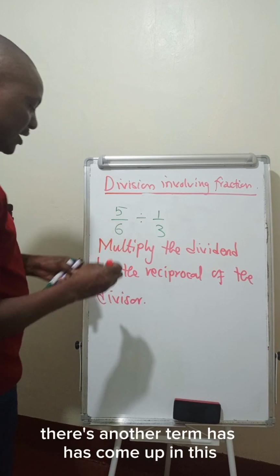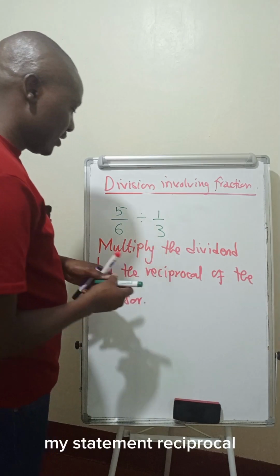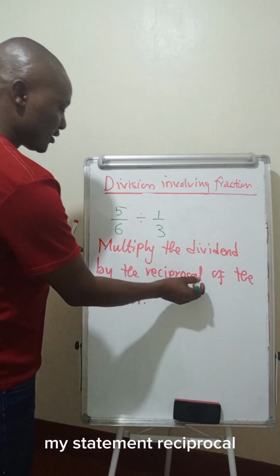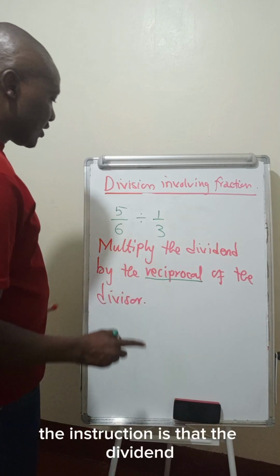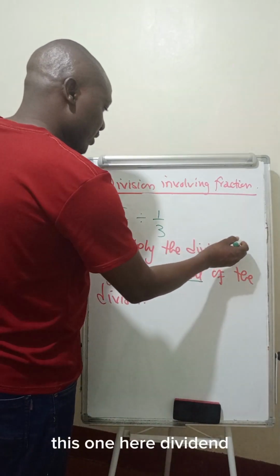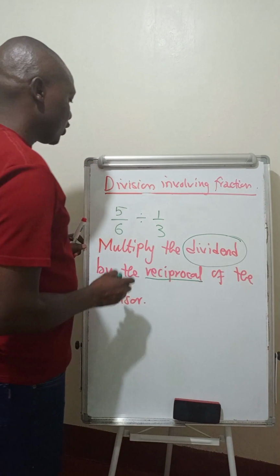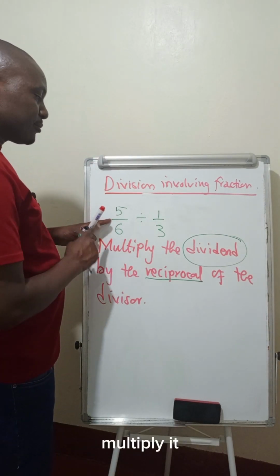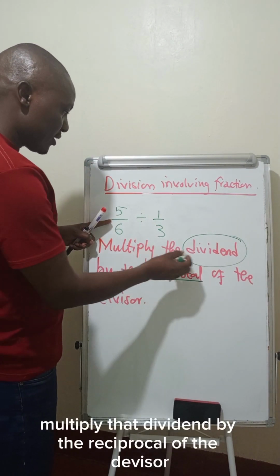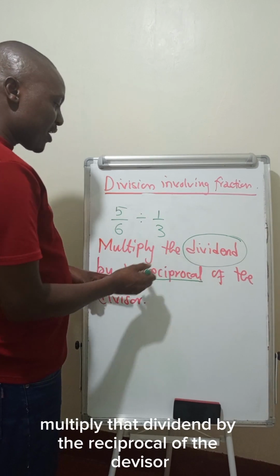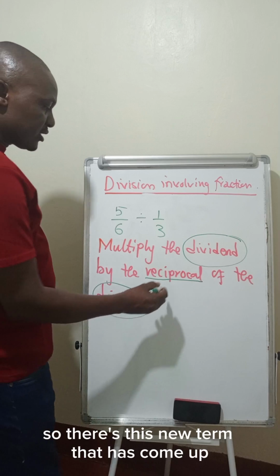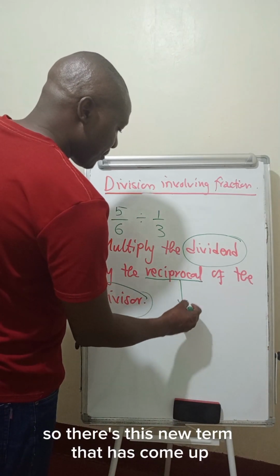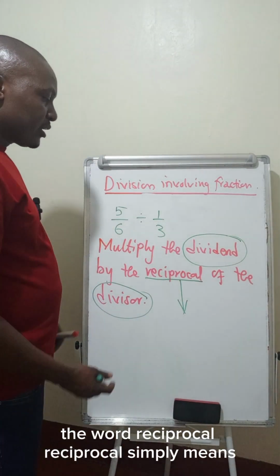There's another term that has come up in my statement: reciprocal. The instruction is that the dividend, this one here, we multiply that dividend by the reciprocal of the divisor. So there is this new term that has come up, the word reciprocal.